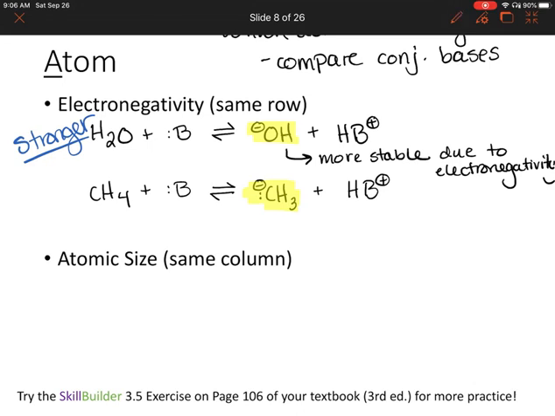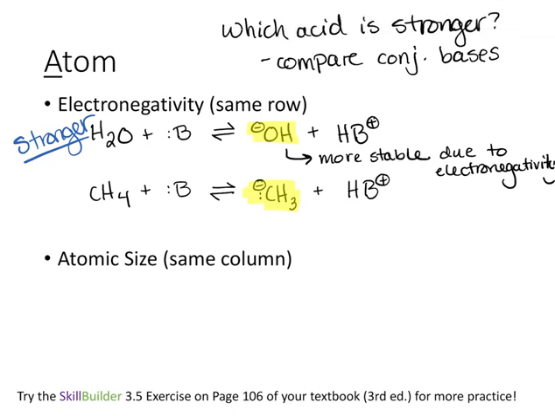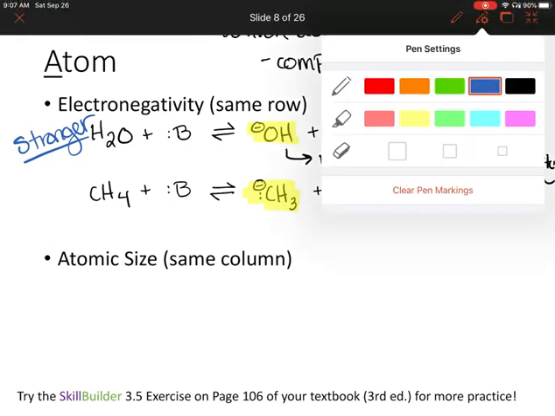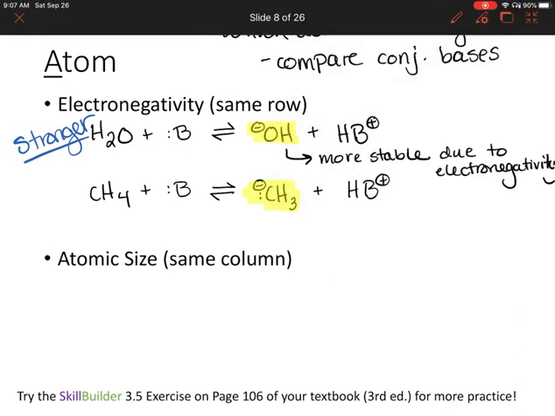So now what if we have two conjugate bases and their main atom or their central atom are not in the same row? What if they're in the same column? In that case, we would compare atomic size. So, for example, let's compare the acids HCl and HI.